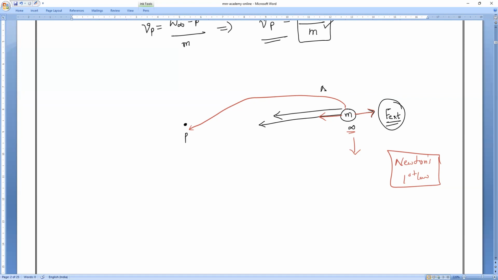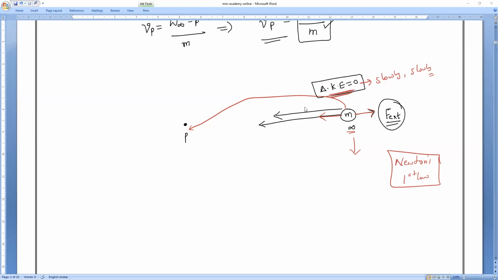Because we have studied that the change in kinetic energy should not happen. So it has to go very, very slowly, which means there is no change in velocity, so there is no change in kinetic energy. Do you understand, everyone? Clear? Yes, sir.